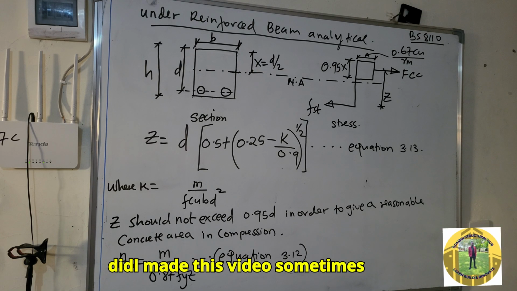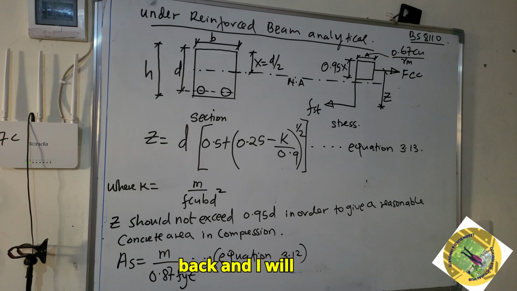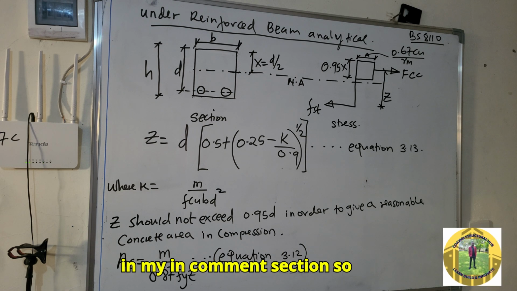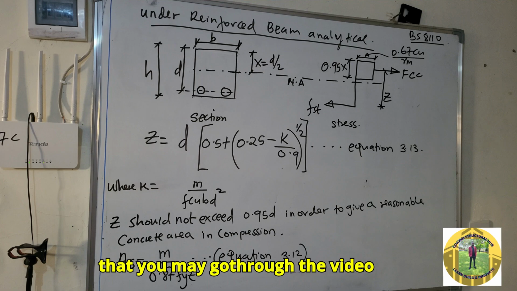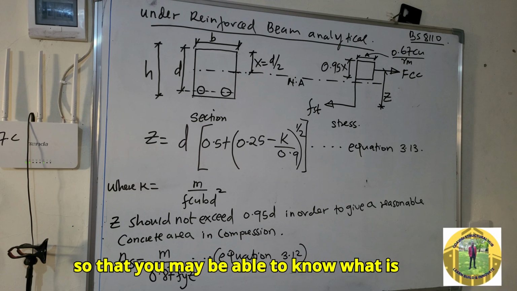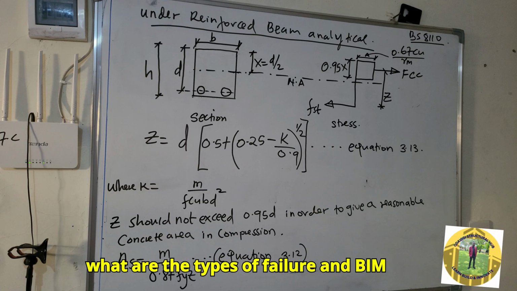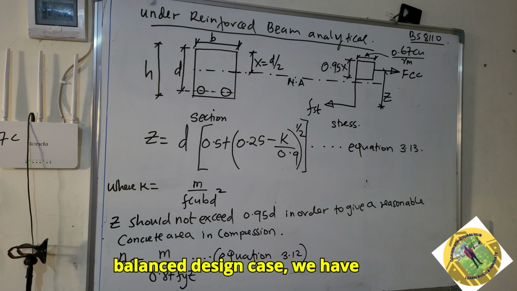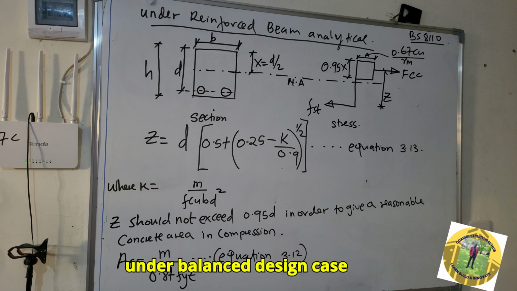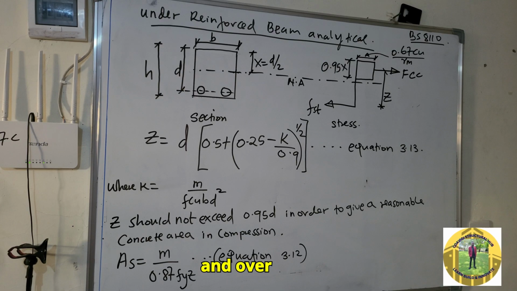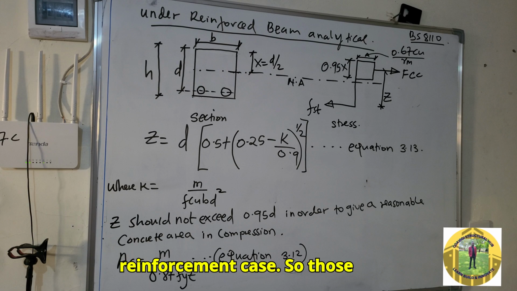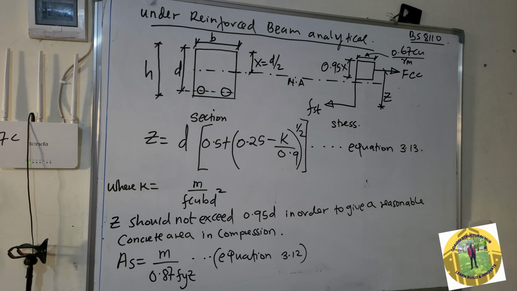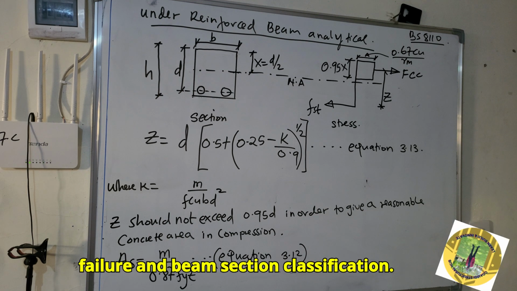I made a video on this sometime back, and I will copy the link in the comment section so that you may go through it and know the types of failure and beam section classification. We have the balanced design case, the under reinforced design case, and the over reinforcement case. Those are the three types of failure and beam section classification.